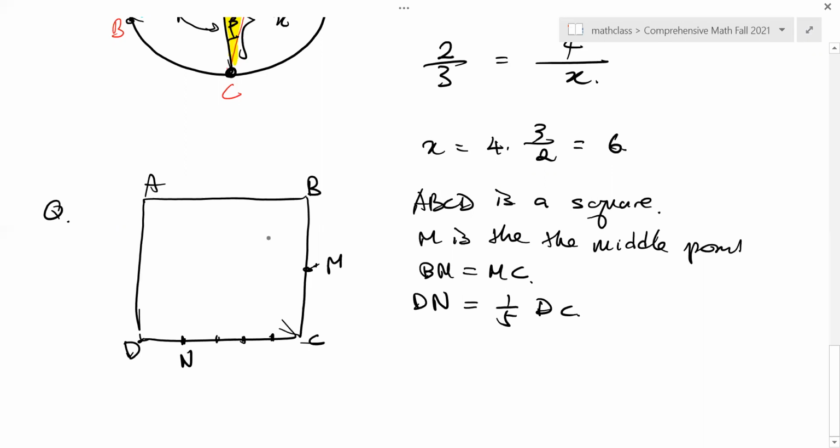So let me draw the lines right now. I draw the line, connect it, and draw another line. It's a little bit complicated, right?